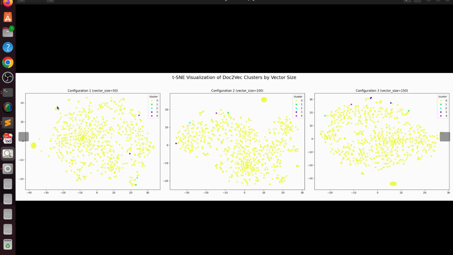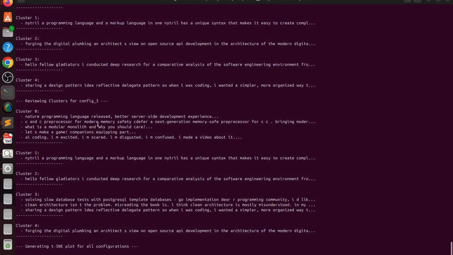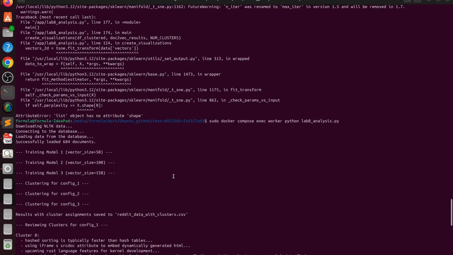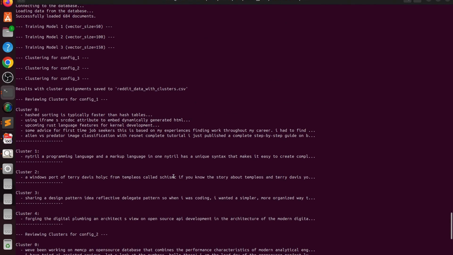Next, the text results, or the qualitative results, the text output of the clusters, which we can see in the terminal. The models with smaller vector sizes created very poor groups, as we can see for the first configuration, which was about 50 dimensions.